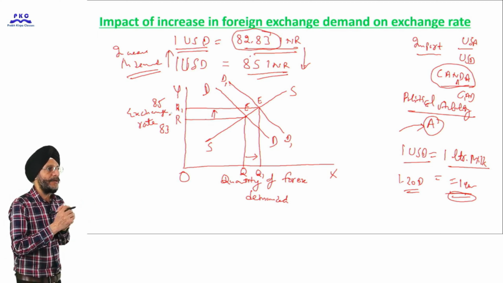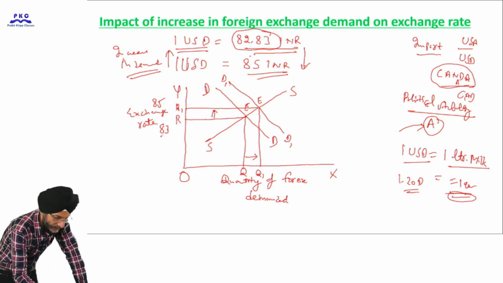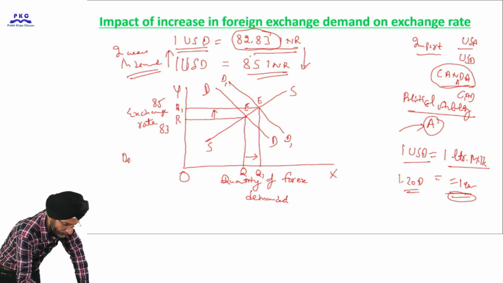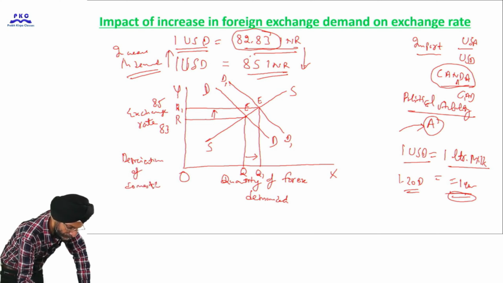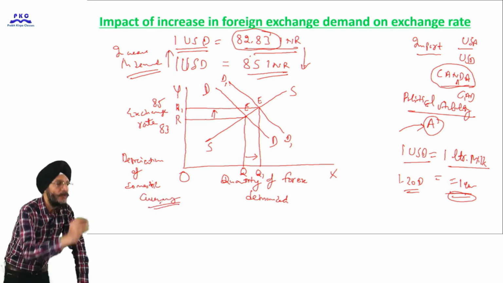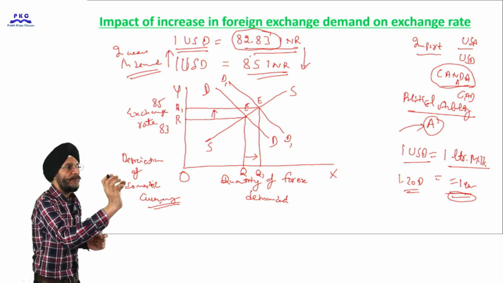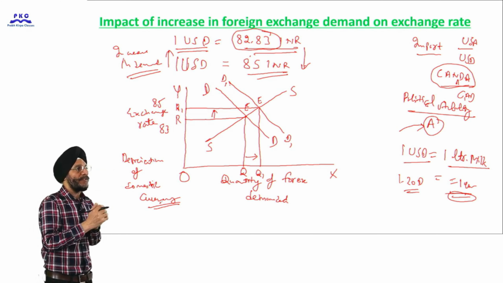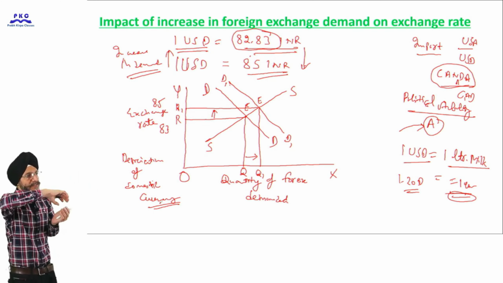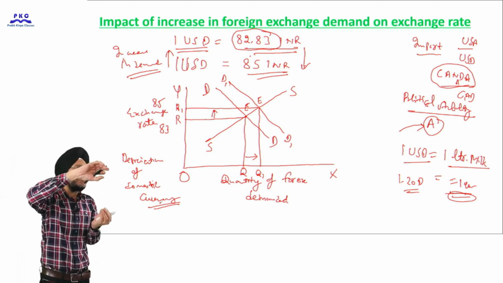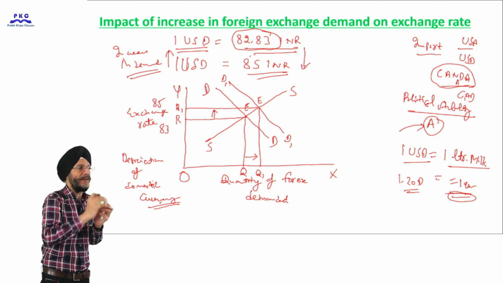So what has happened? It is depreciation of domestic currency. Because to get 1 US dollar, we were earlier paying only 83 rupees. Now to get 1 US dollar, as the demand of US dollar has increased, we have to pay 85 rupees.